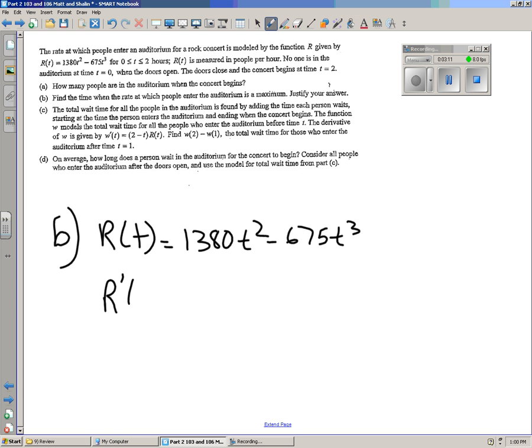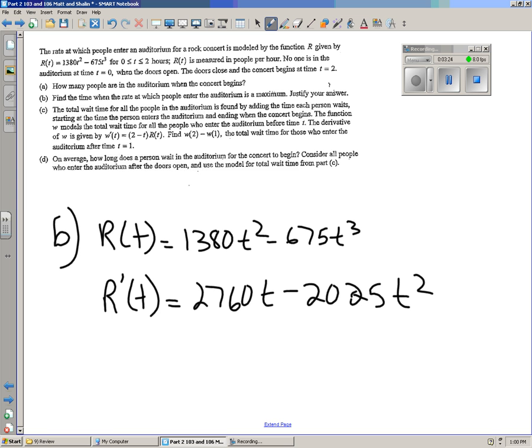So the derivative would be 2,760 t minus 2,025 t squared. And you're going to take out a t: t times (2,760 minus 2,025 t), and you know that t equals 0.